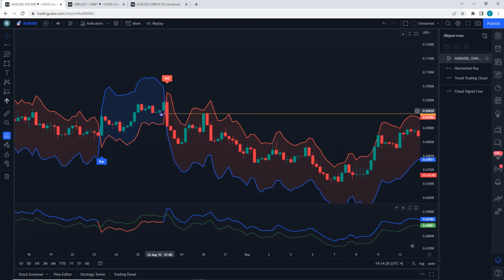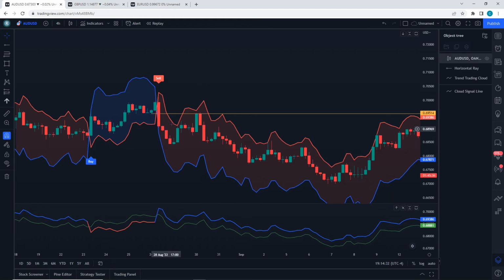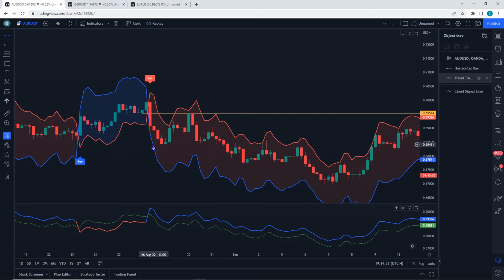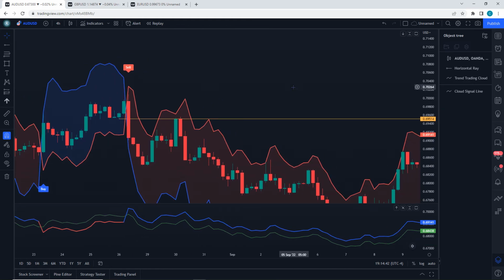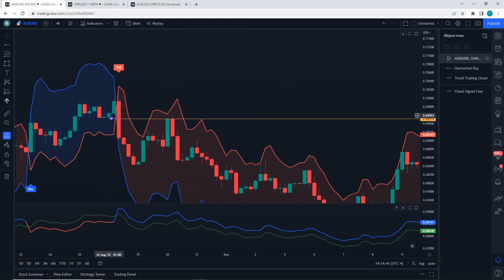And usually those are going to have very powerful moves away. They're going to be valid supply or demand zones. So as we can see here, this series of up candles gets engulfed with this red candle, to me validating this as a supply zone.